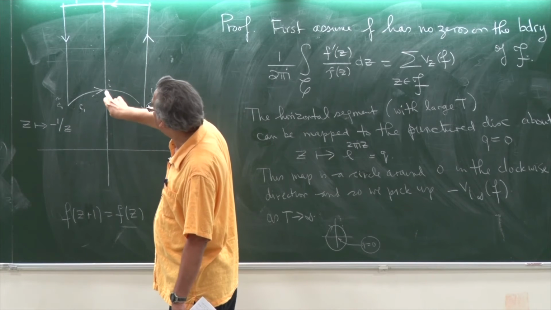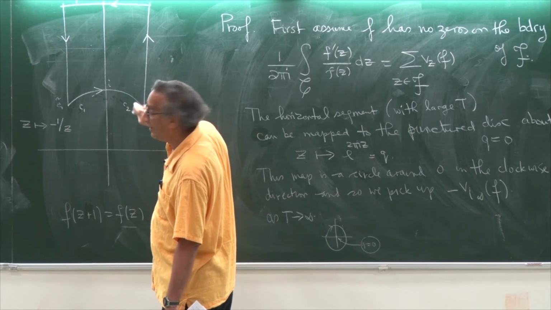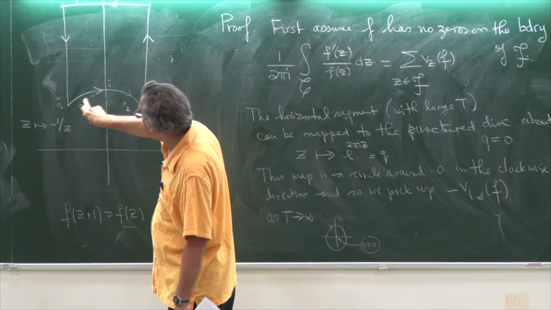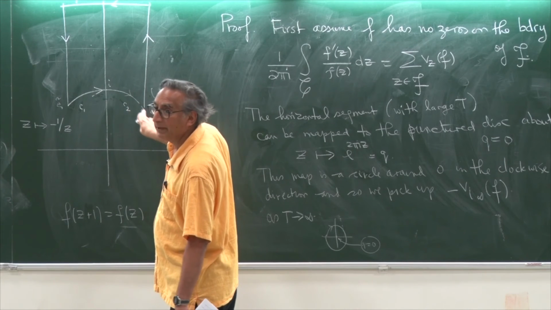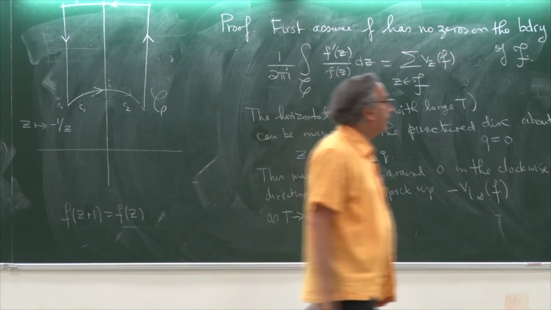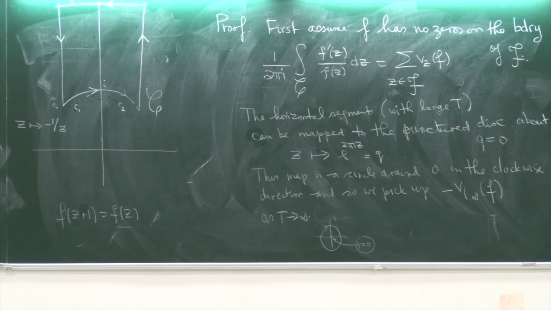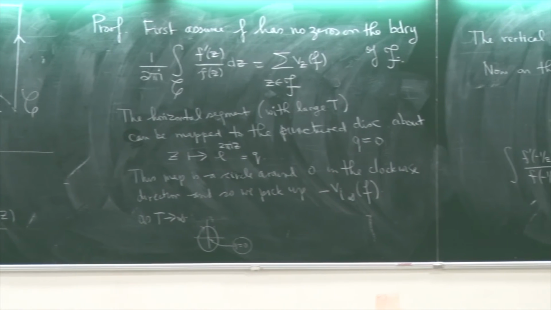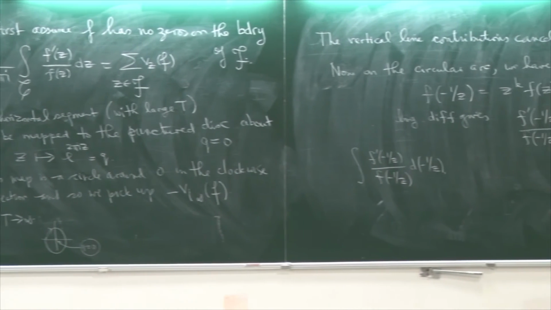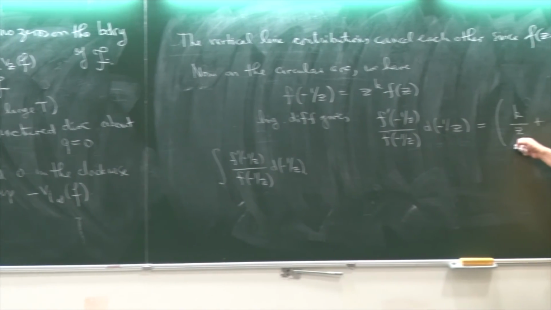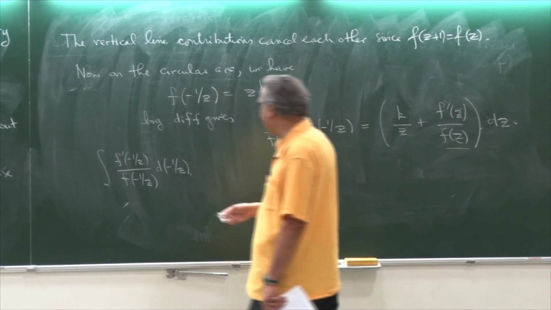Remember that our integration is in this direction, on this contour, but if I change variable, I'm now moving from here to here, so that part cancels. I'm going to leave this as a small exercise, maybe you can review it in the afternoon. So these two parts cancel. The only thing that's left is this k over z that you have to integrate around.